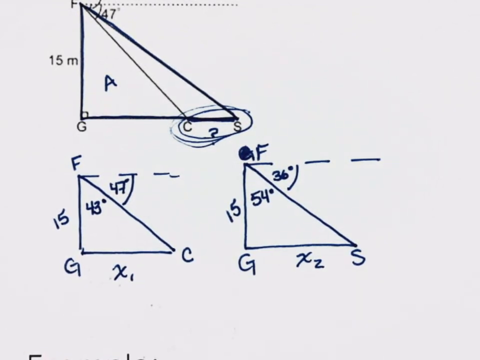Does everybody know how I got those two numbers? 90 minus the 47 gave me the 43. 90 minus the 36 gave me the 54. Okay, you guys solve for GC and I'll solve for GS.